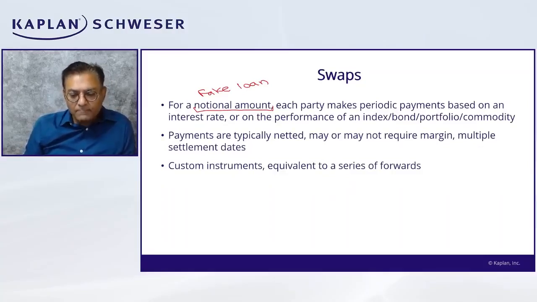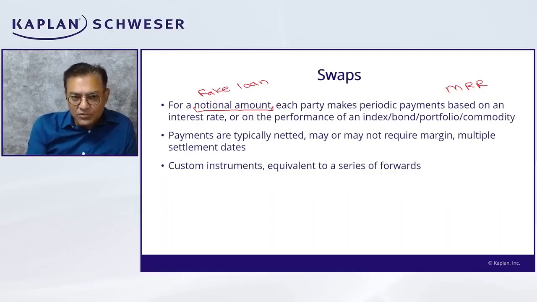Now, each party makes either a fixed or a floating interest payment based on an underlying rate, whatever pre-specified interest rate. We typically use what is called MRR, which used to be called LIBOR before the changes that phased out LIBOR. So the floating rate is based on MRR, the fixed rate obviously specified in the contract.